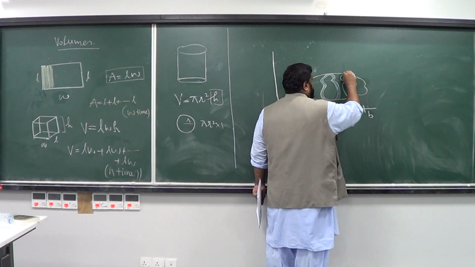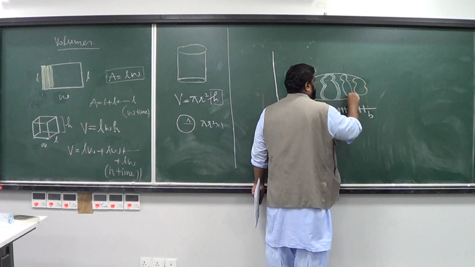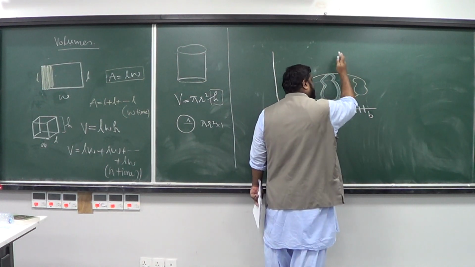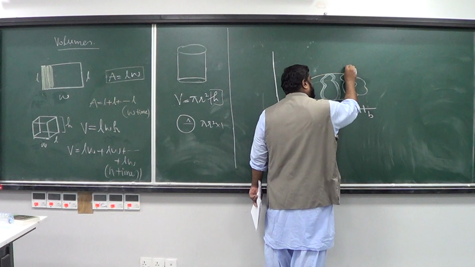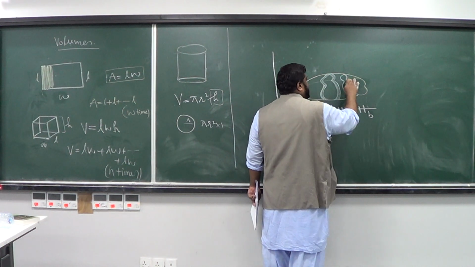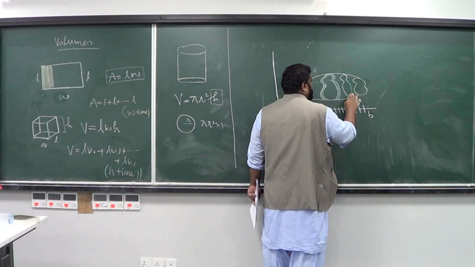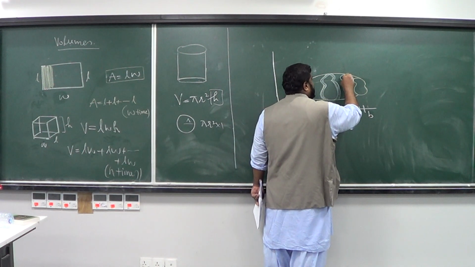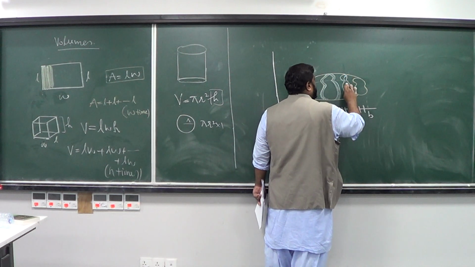Next, say we slice through this point, we're going to get another copy of it. So you are looking at the side view.